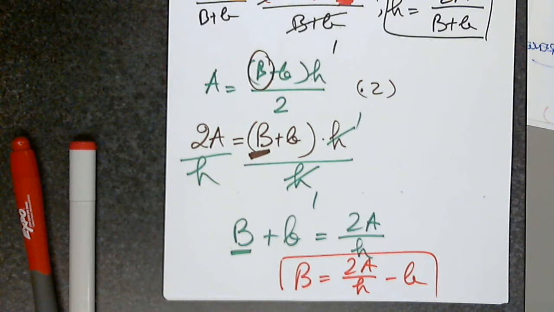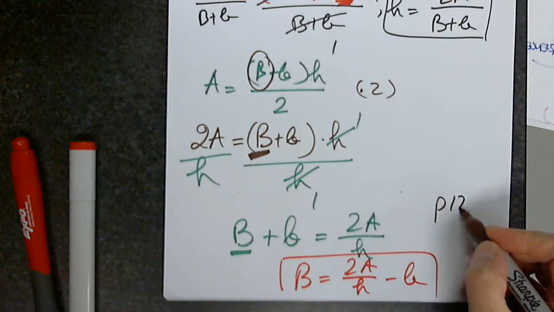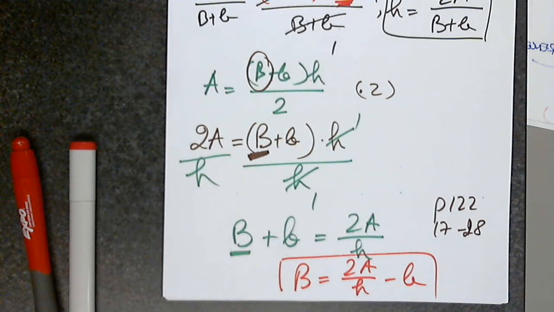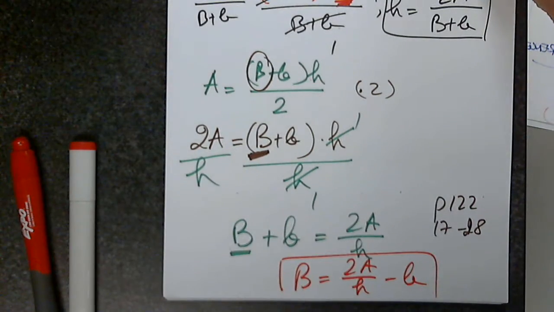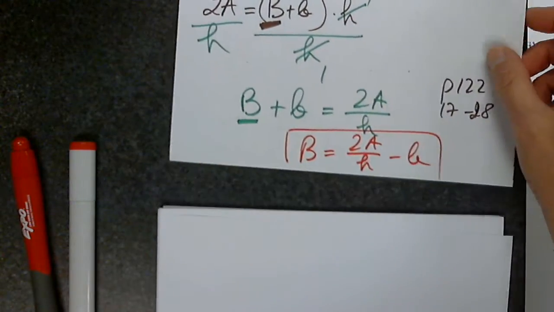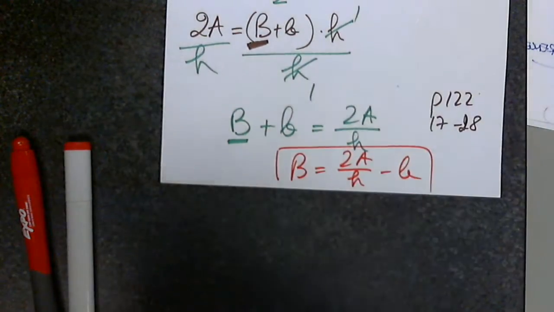Now if you have your books, please choose any problem you want from 17 through 28 on page 122. Anything that catches your eye so we can move on. But something must catch your eye. If not, I will choose.